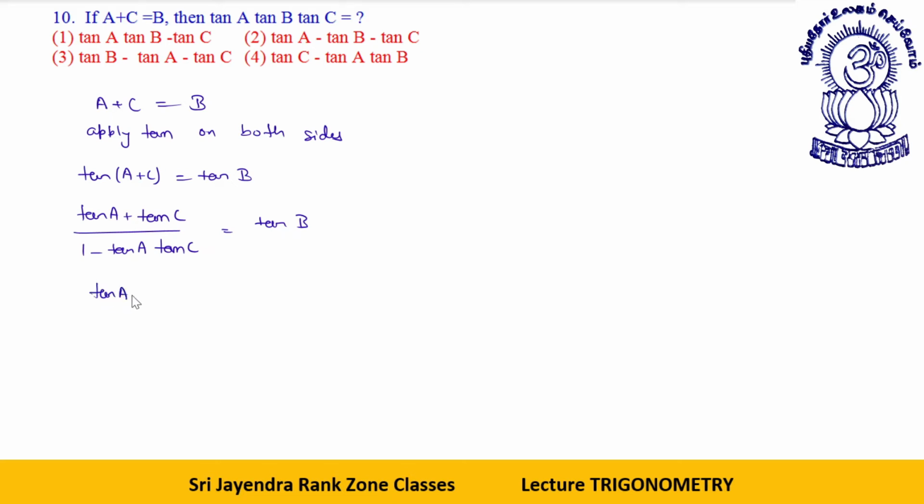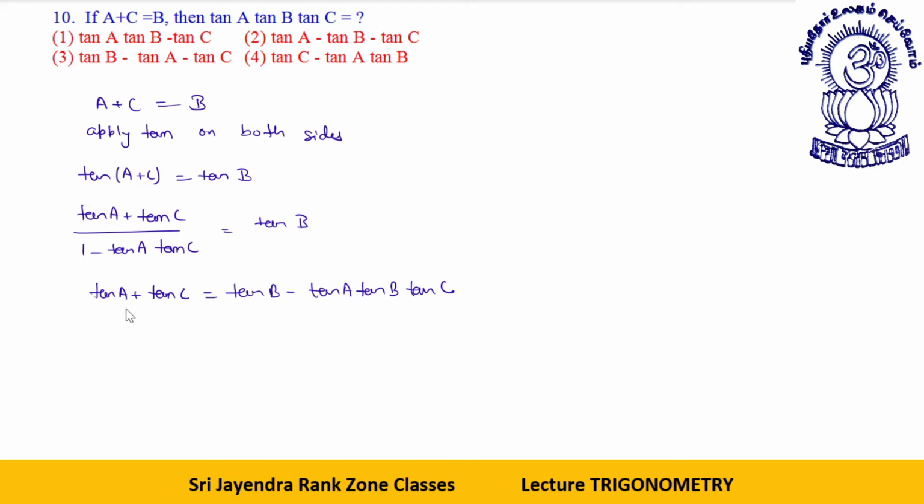Tan A plus tan C is equal to tan B minus tan A tan B tan C. Getting it, dear students?